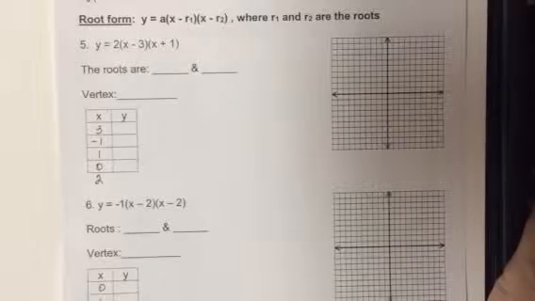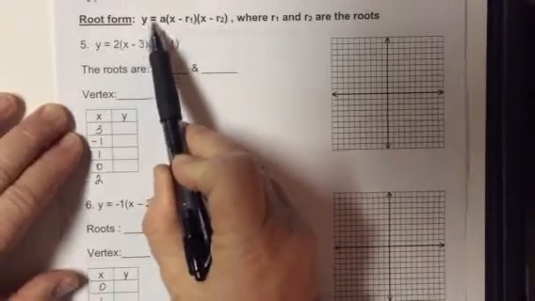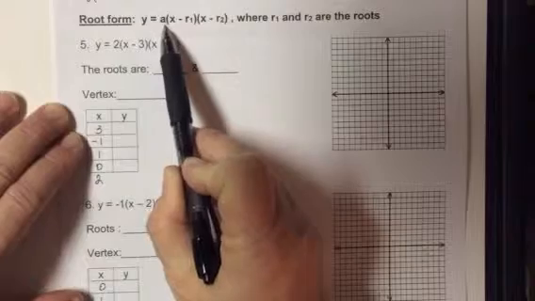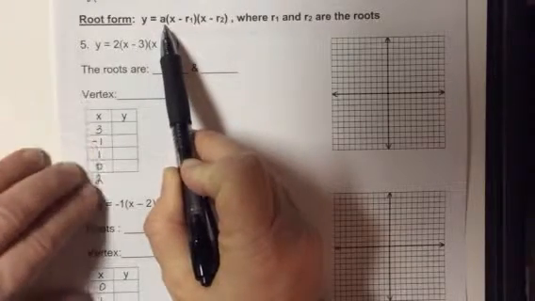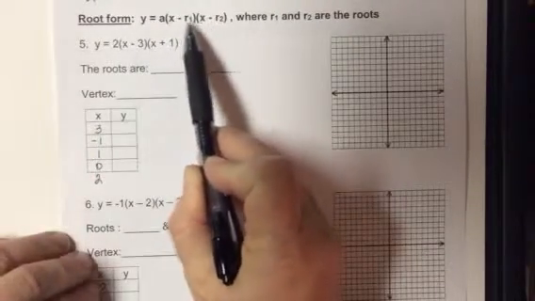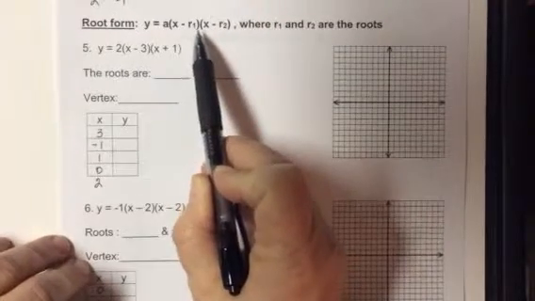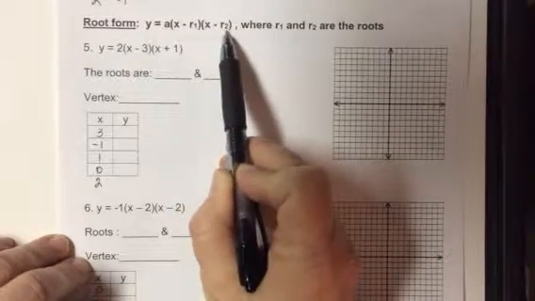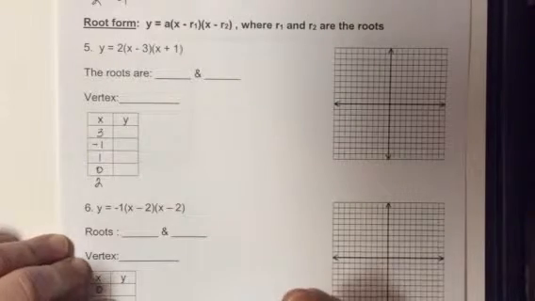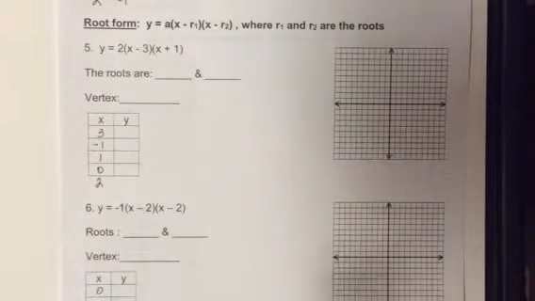So as we look here, notice we've got y equals a. This is going to represent any stretching or shrinking that we do. And notice this is really just factored form. So r1 and r2 are going to be the roots of our equation, or in other words, the points that we will find along the x-axis.